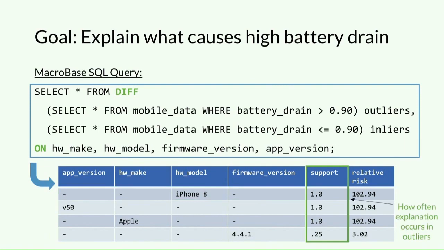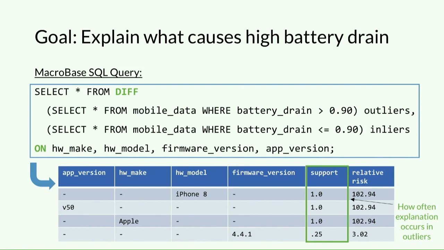So what the support metric is telling you, and this support idea comes from data mining research, is that support is a common way to talk about frequency, or relative frequency. So what the support is saying here is, how often does this explanation show up in my outliers table, right? It turns out that in this table, where I wrote the subquery with battery drain greater than 0.9, 100% of the time, iPhone 8 showed up, right?